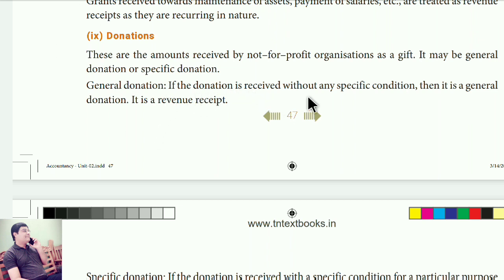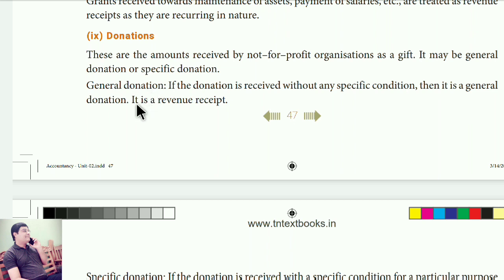If the donation is received without any specific condition, then it is a general donation, and it is a revenue receipt. So if the question simply says donation or donation received, then you have to write it on the income side.